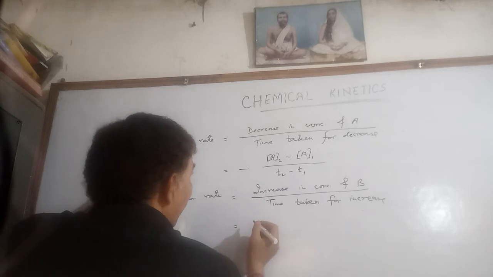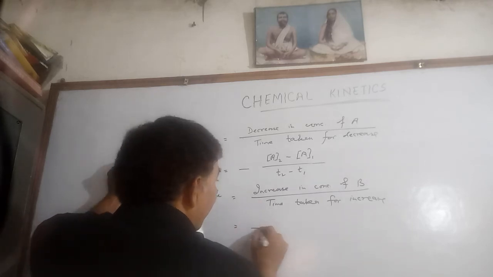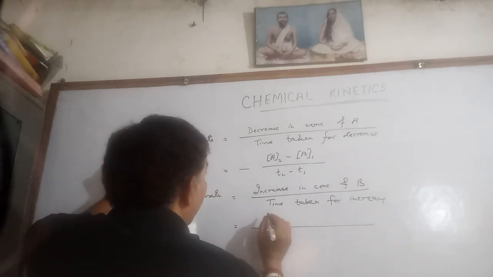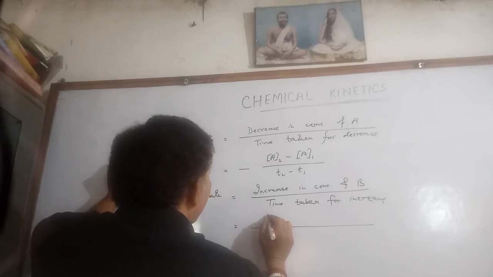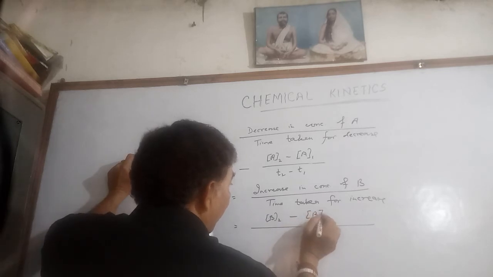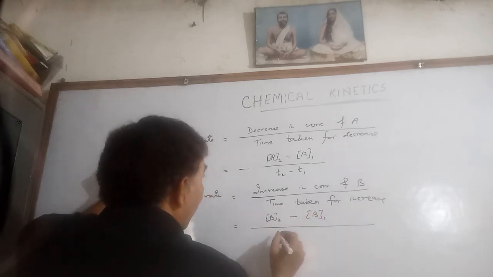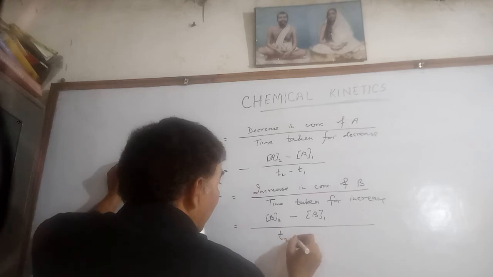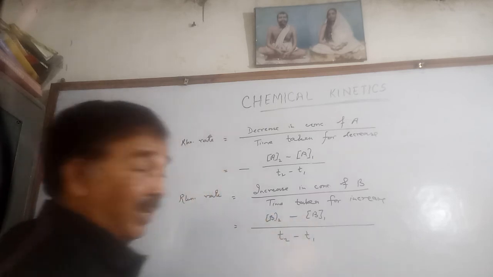So we can write B2 minus B1 by T2 minus T1.